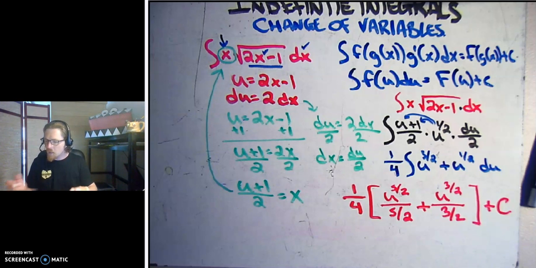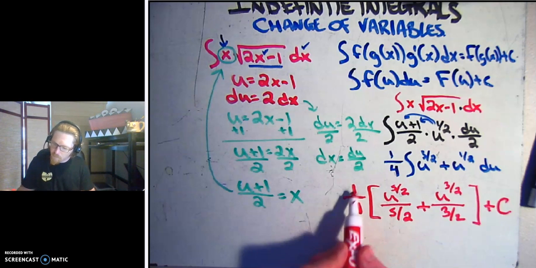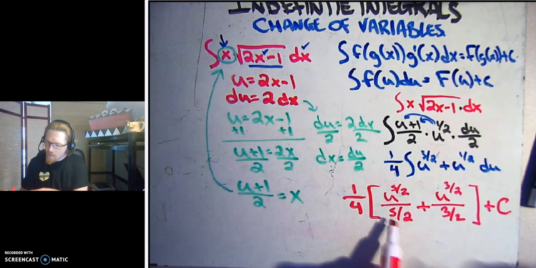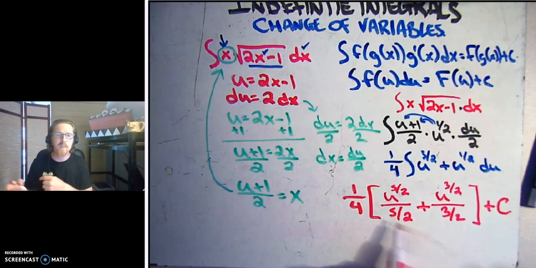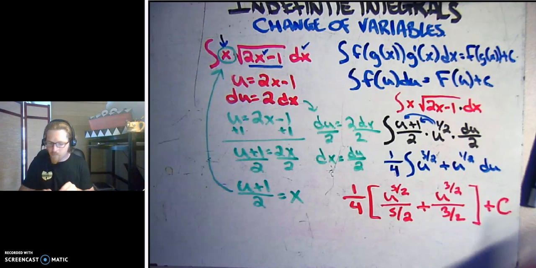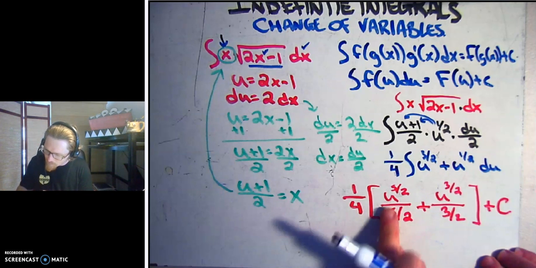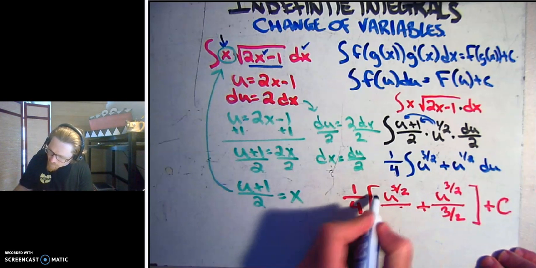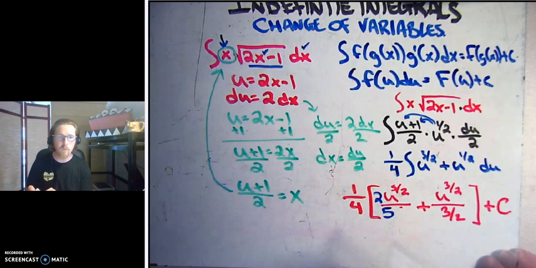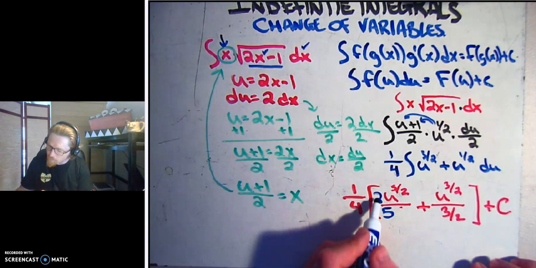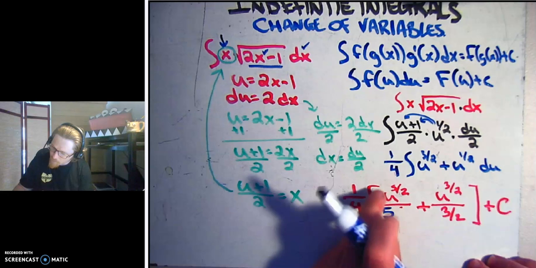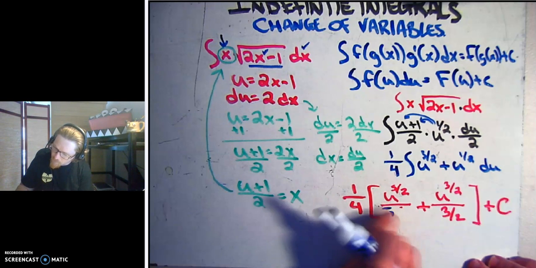So I'm going to distribute the 1/4 to both of these things, and a fraction in my denominator isn't really what I want, so I'm going to simplify that. 5 over 2 in my denominator is the same as 2 over 5, right? Because I would multiply by the reciprocal on top and bottom. And then the 2 and the 4 in this case are going to cancel out, and this is going to become a 2.